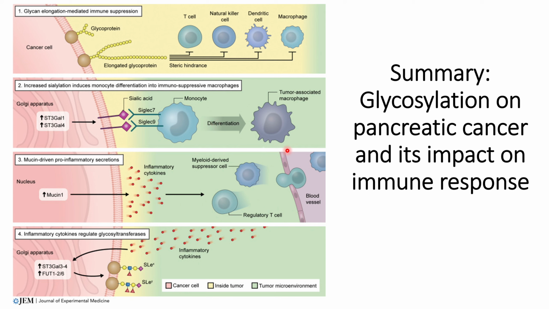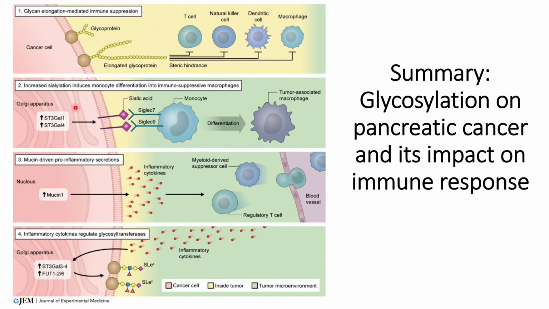So in this case, the monocyte will differentiate into tumor associated macrophages, the M2 phenotype, through the interaction of the sialic acids overexpressed on the pancreatic cancer cells with Siglec-7 and Siglec-9 present on the monocytes.